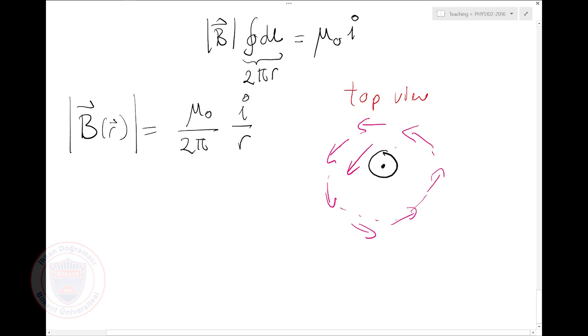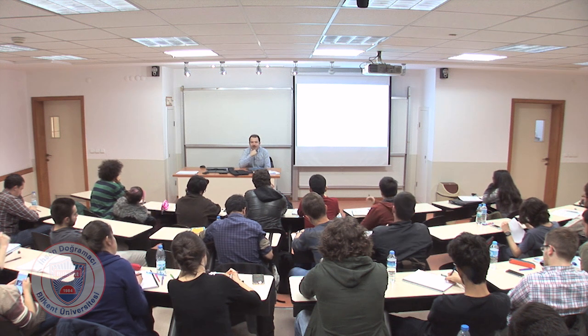If I get closer to the current, my magnetic field will be larger. If I go away from the wire, my magnetic field will be smaller in magnitude. Okay. So this is how a single wire creates a magnetic field.